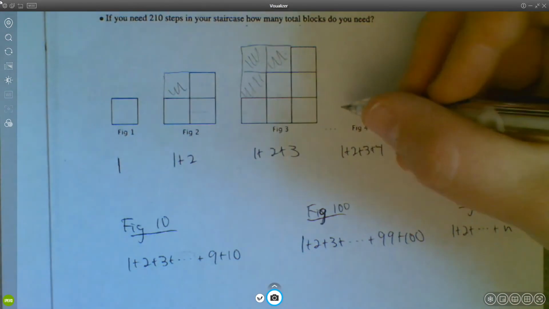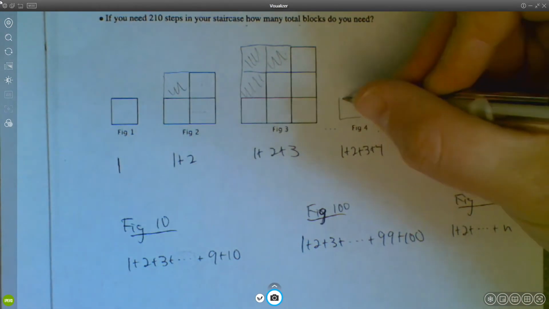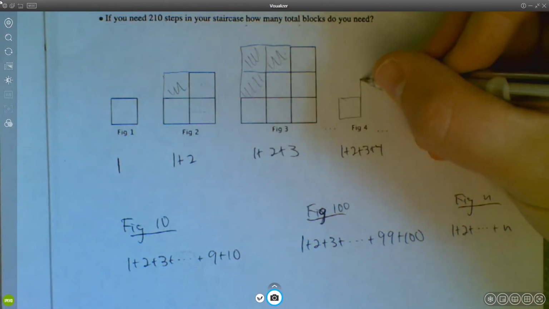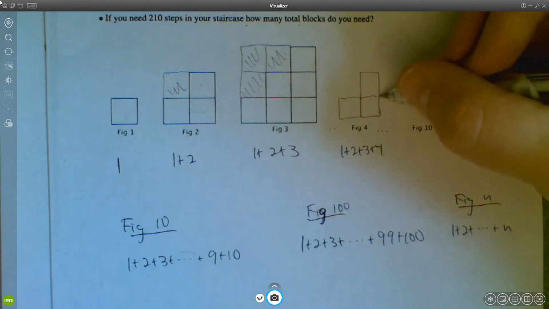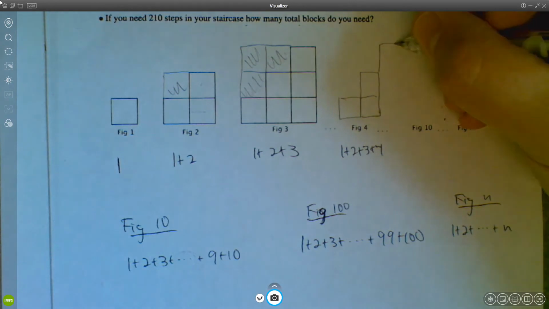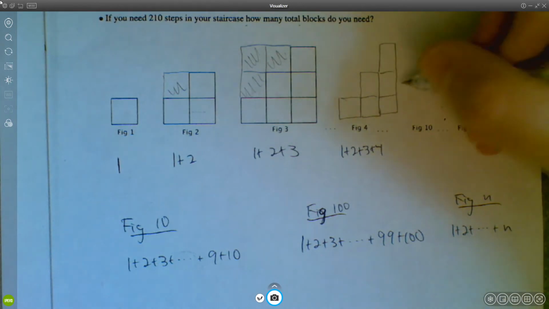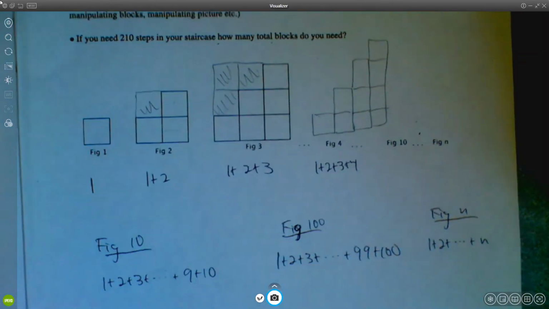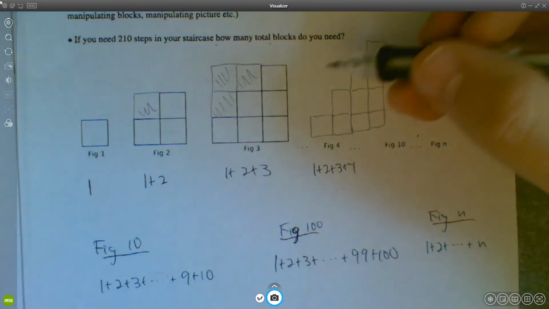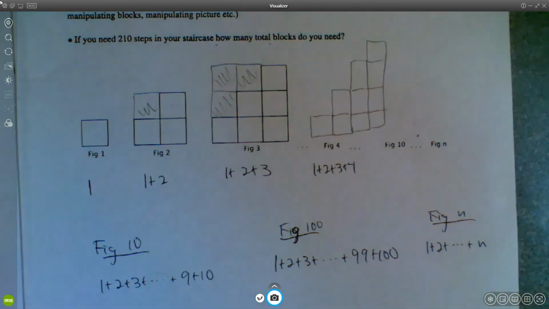And we could kind of, if we draw out figure 4, we can see kind of how that pattern continues, if it continues. Okay, so there's figure 4. Now what are we missing? I'm going to use a different color.